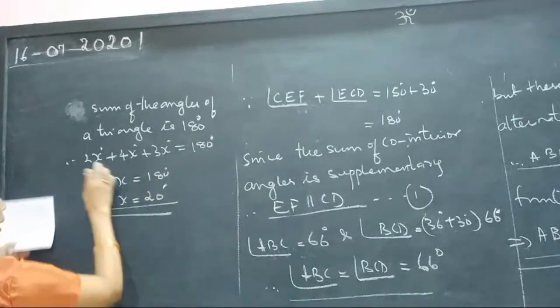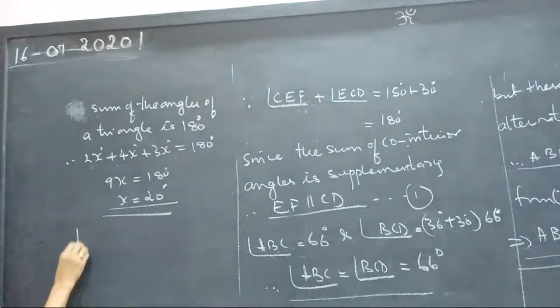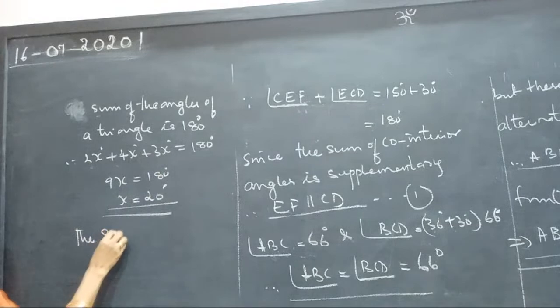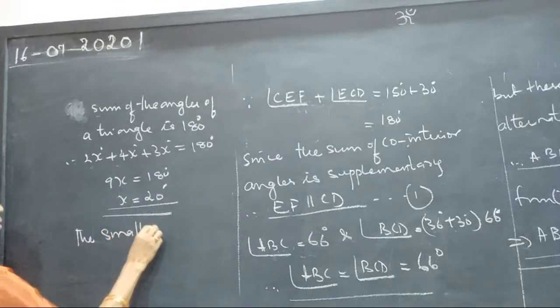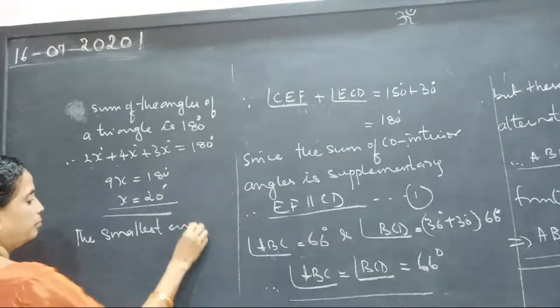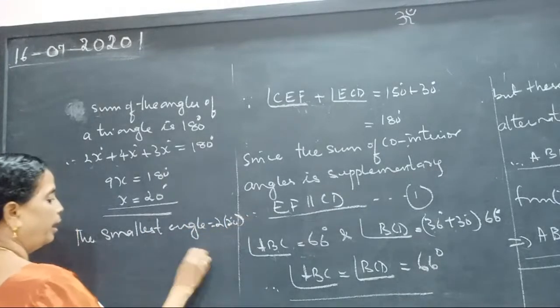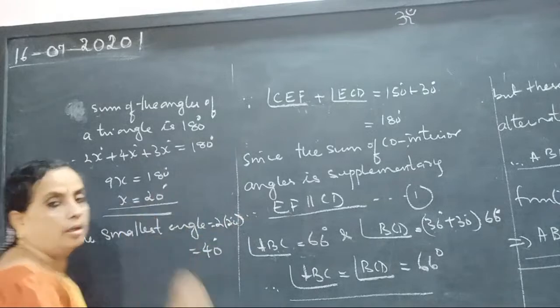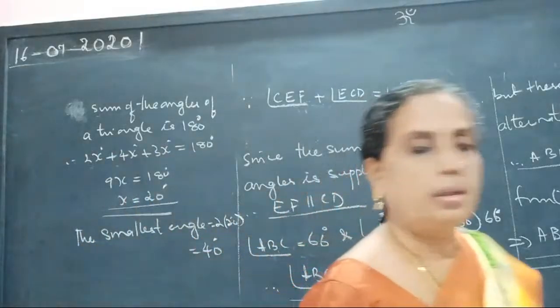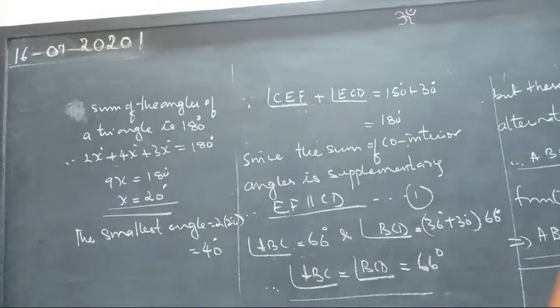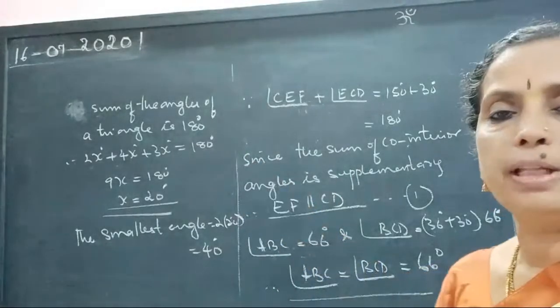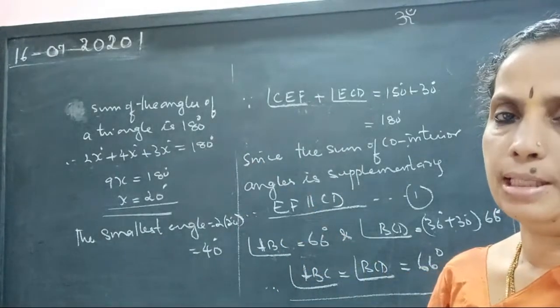So now among the ratio, 2 is the smallest ratio. The smallest angle will be 2 into 20 degree, it is 40 degree. Suppose in the question, the measure of the greatest angle, then you have to multiply 4 into x.